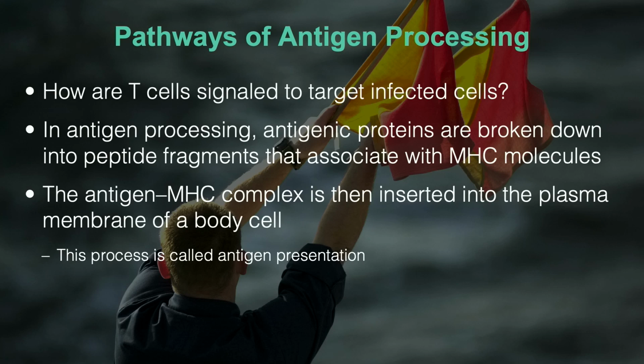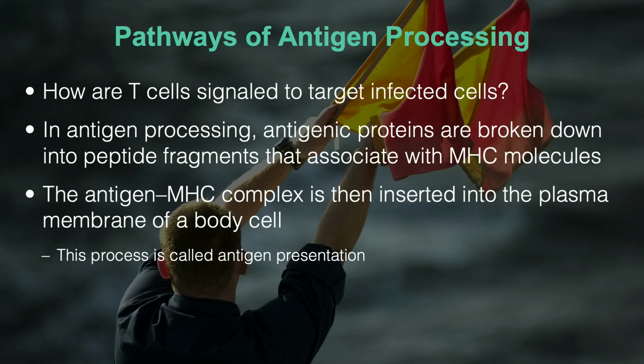The MHC binds with part of the antigen, forms a new complex, and this is presented to the immune system. Let's take a look at how that works in the cell.